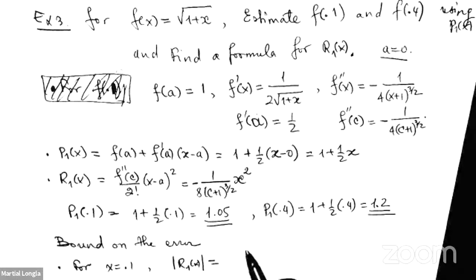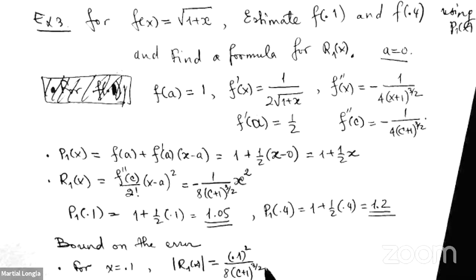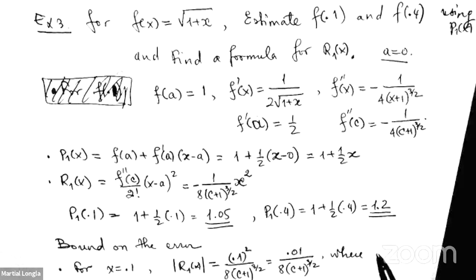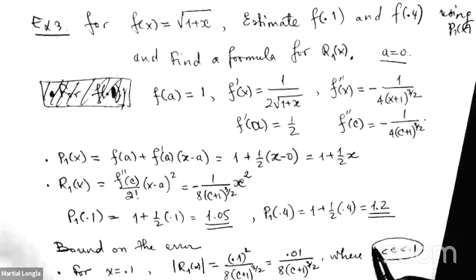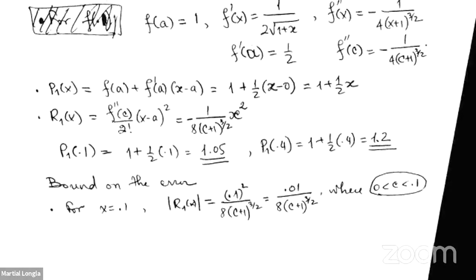You put the absolute value on that, and that becomes 0.1 squared over 8 times (c plus 1) to the power 3/2, which is 0.01 over 8 times (c plus 1) to the 3/2, where 0 is less than c, less than 0.1, because we say that c is between x and a. x here is 0.1, a is 0, so c is between 0 and 0.1.